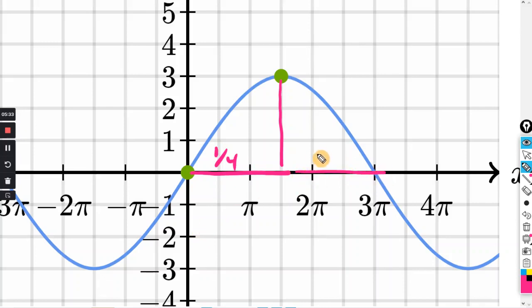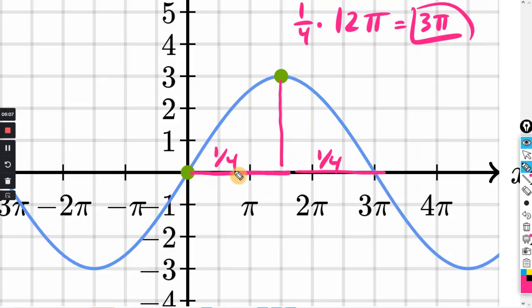And then from here to here, that's also 1/4 of the period. Because remember, period goes a full cycle. So the period would start here, it would go down to the min, up to the max, and then end here. So this segment right here is only 1/4 of the period. We said the whole period was 12 pi. So 1/4 of the period is just going to be 3 pi. So this distance right here has to be 3 pi.